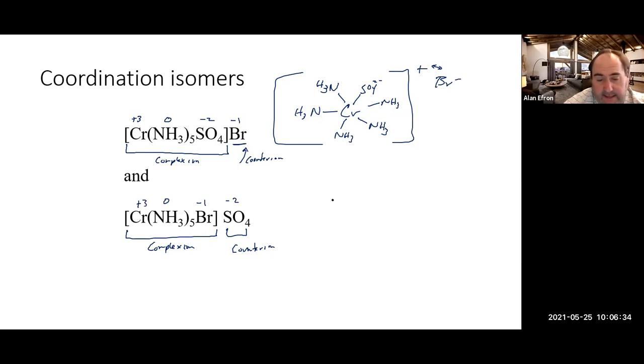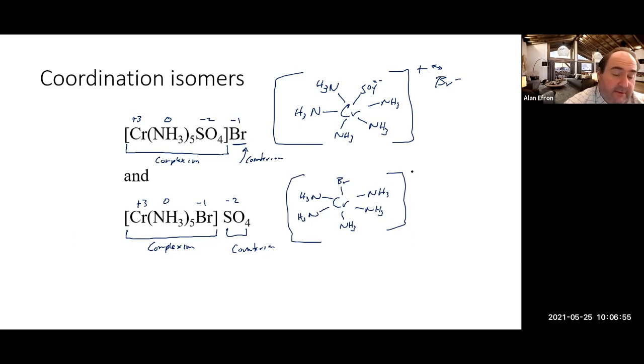In this particular case, we have the chromium attached to the 5 NH3s, and like I said before, we now have the bromine that's part of it. When we look at the overall charge here, +3 for the chromium, -1 for the bromine, this complex ion now has a +2 charge, with the sulfate being the counter ion to balance out this charge.